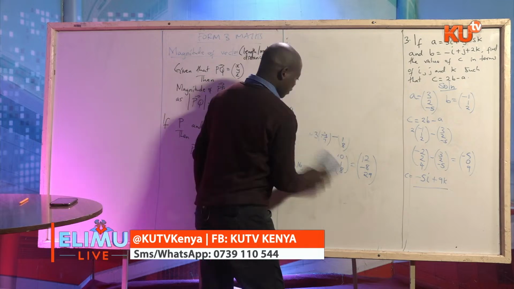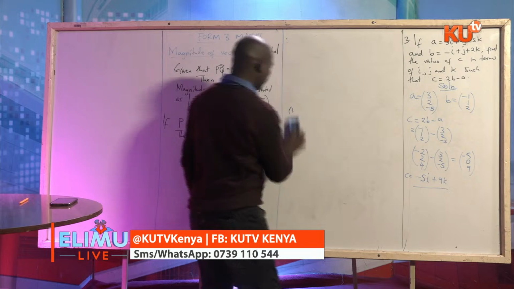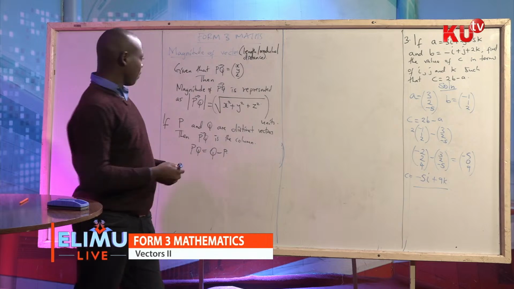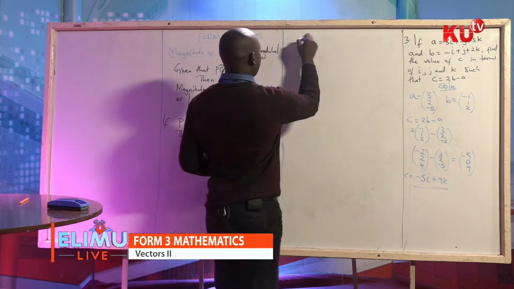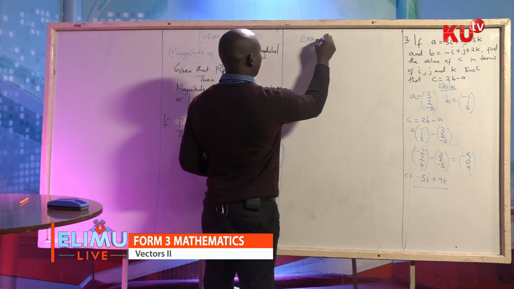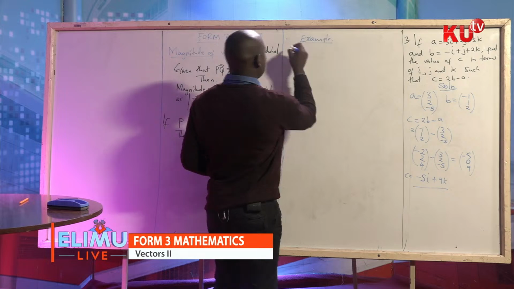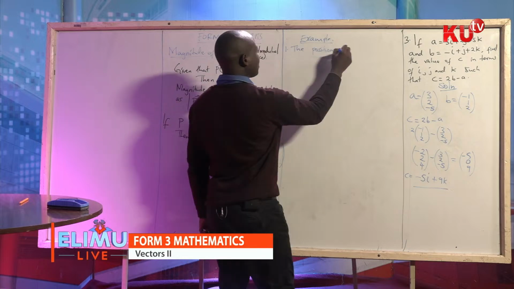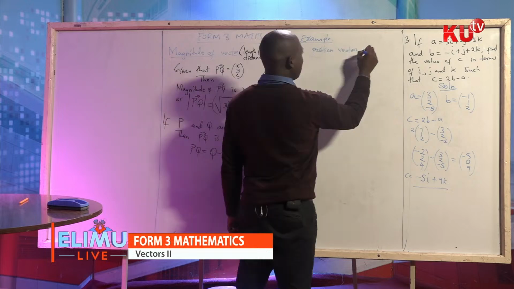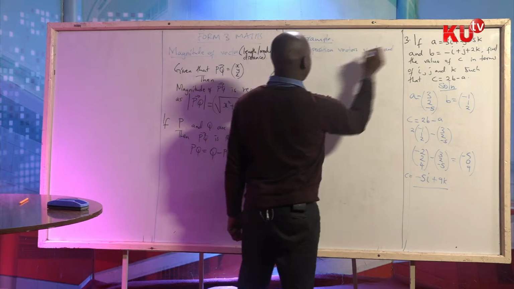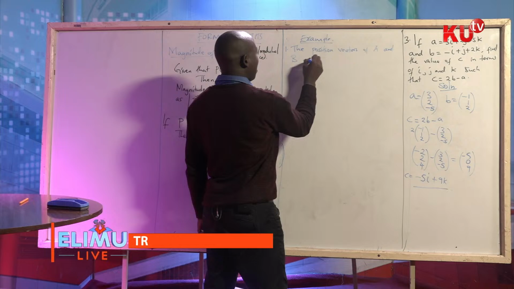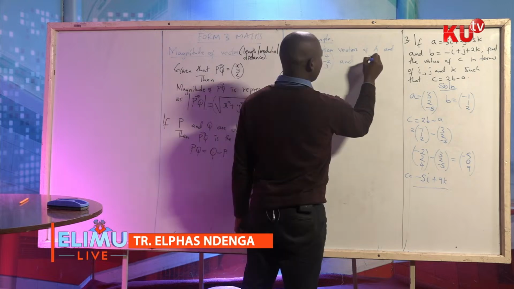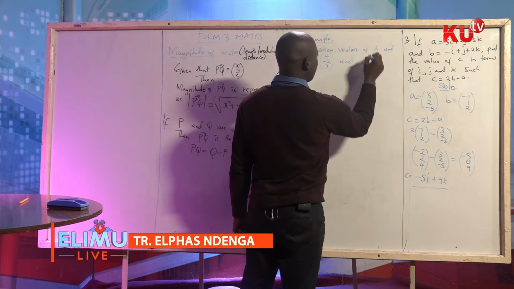So let's take a look at an example and see how we will work out this particular operation, students. Our example: we're told that the position vectors of A and B are (4, -2, 3) and (-7, 0, 1) respectively.